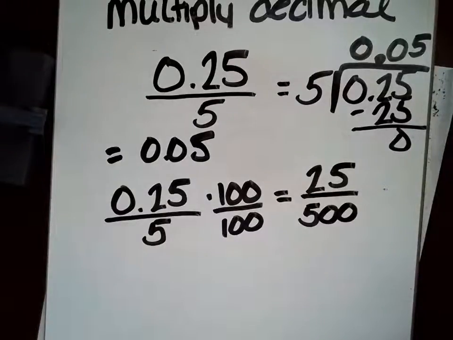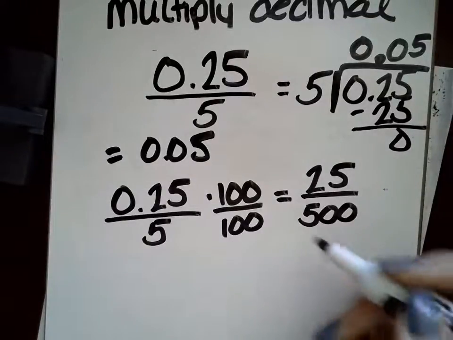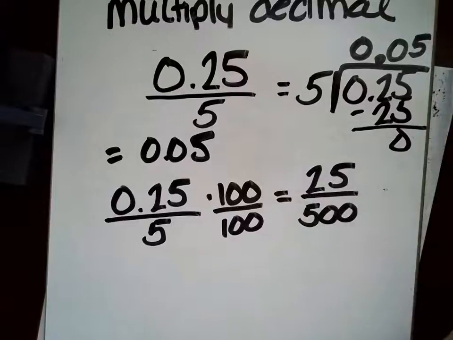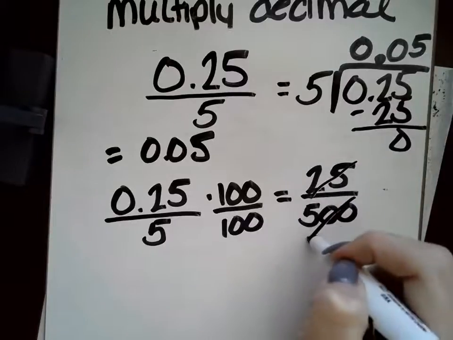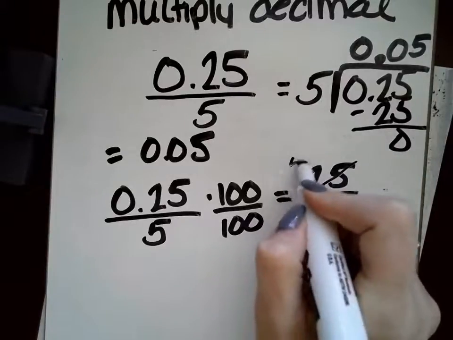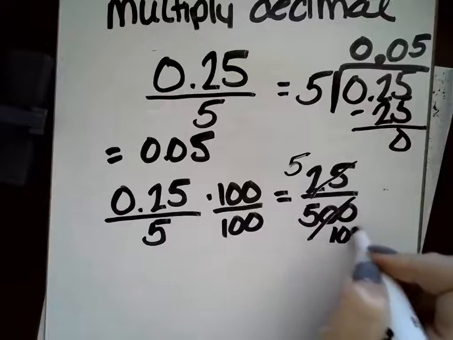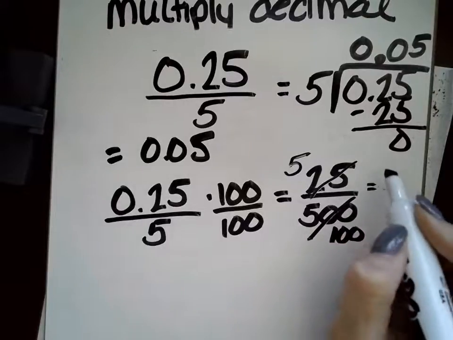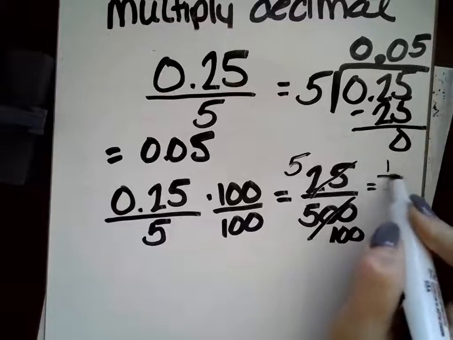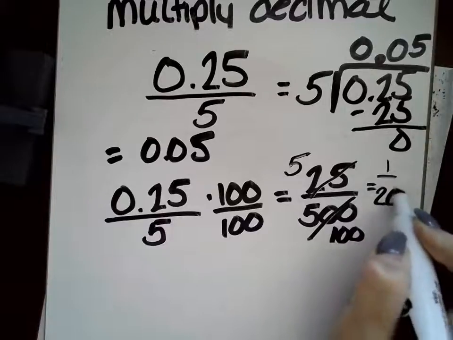You could think about quarters and how many quarters do you have in $5, or notice that 25 and 500 have a common factor of 5. So you're left with 5 over 100. 5 over 100 both have a common factor of 5, and we simplify to 1/20th.